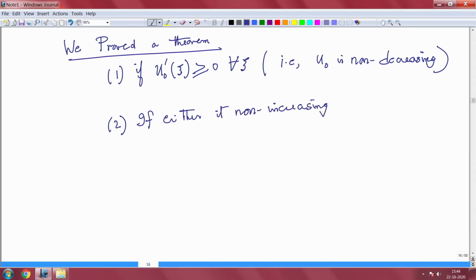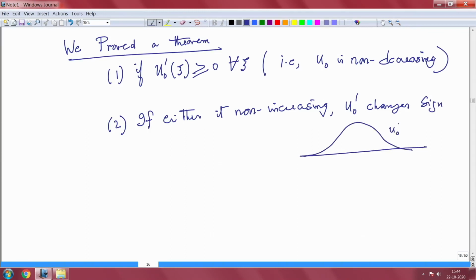We will show you some examples immediately. If either it is decreasing or u naught prime changes sign, right, because you will have cases like that, your u naught prime will be like this.